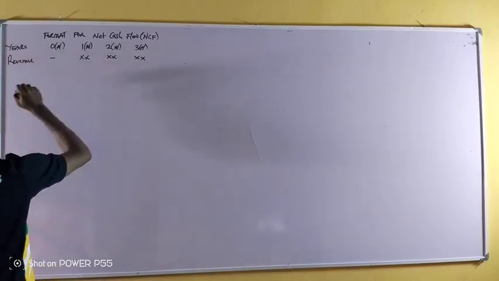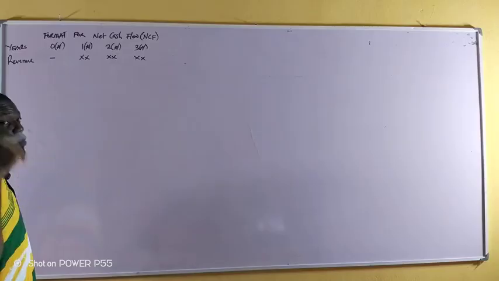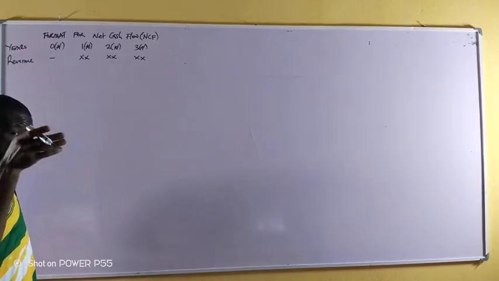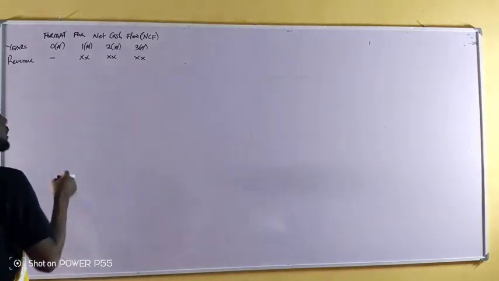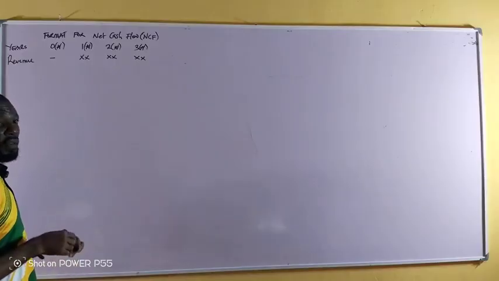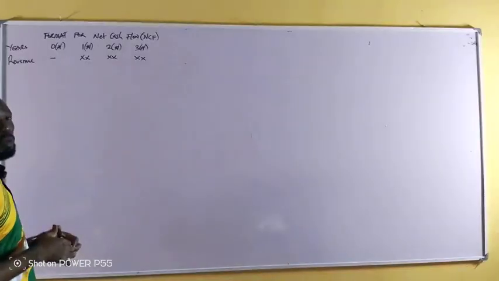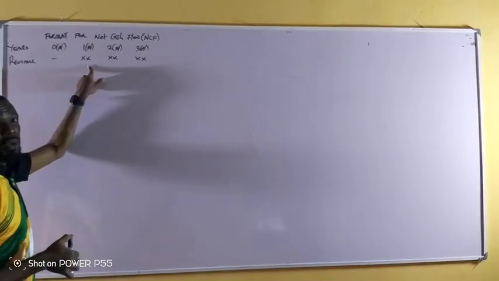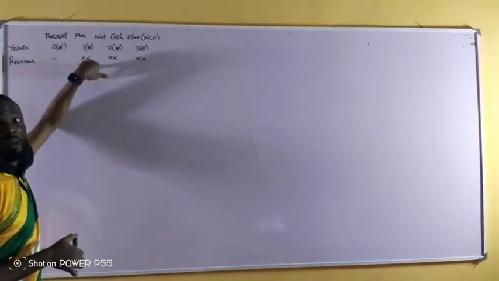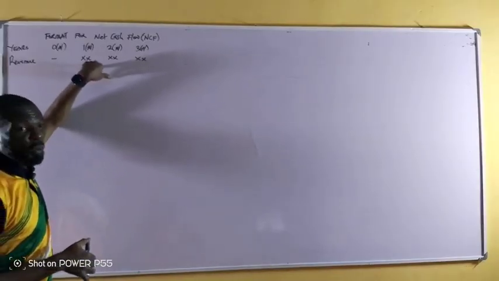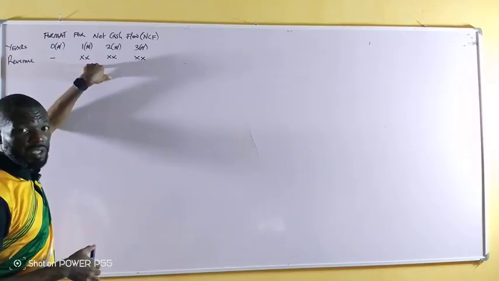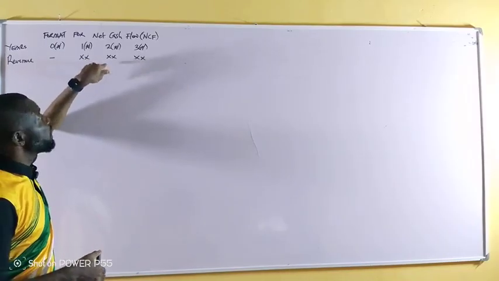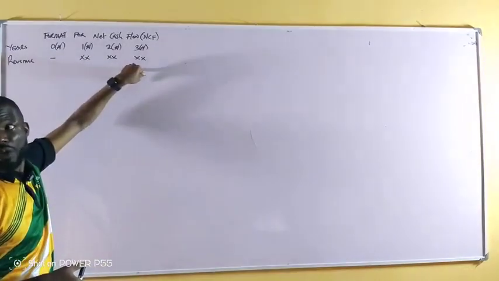Each year you operate, revenue will come, except the examiner tells you otherwise. Don't tell the examiner that normally, if the examiner says year 1, there's no revenue, you've started, but year 1, there's no revenue. You don't tell the examiner that normally there should be revenue in year 1, so you know more than him. He's telling you that there's no revenue, and you will take it. If he says year 3, there's no revenue, you will take it like that.